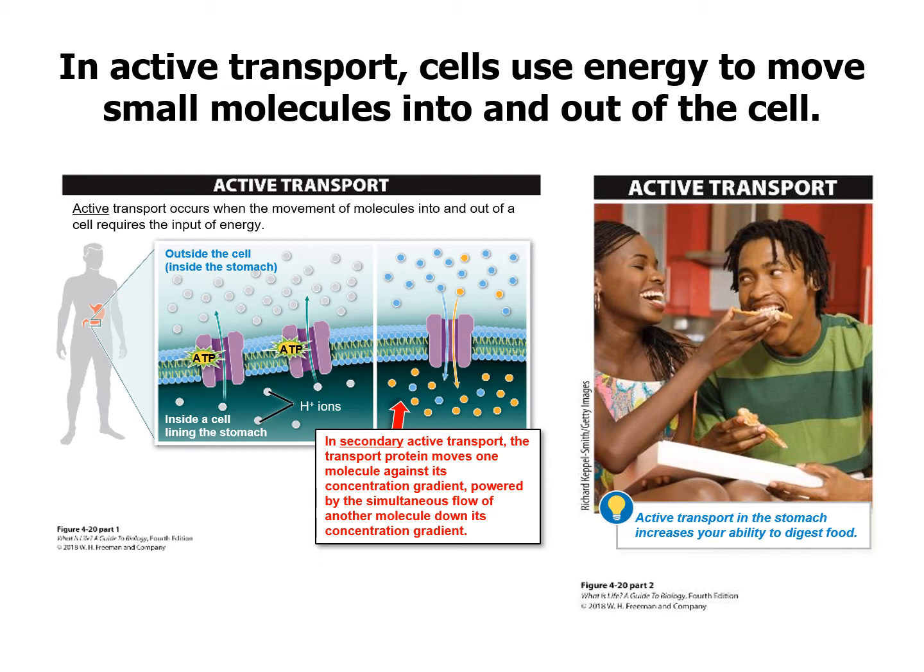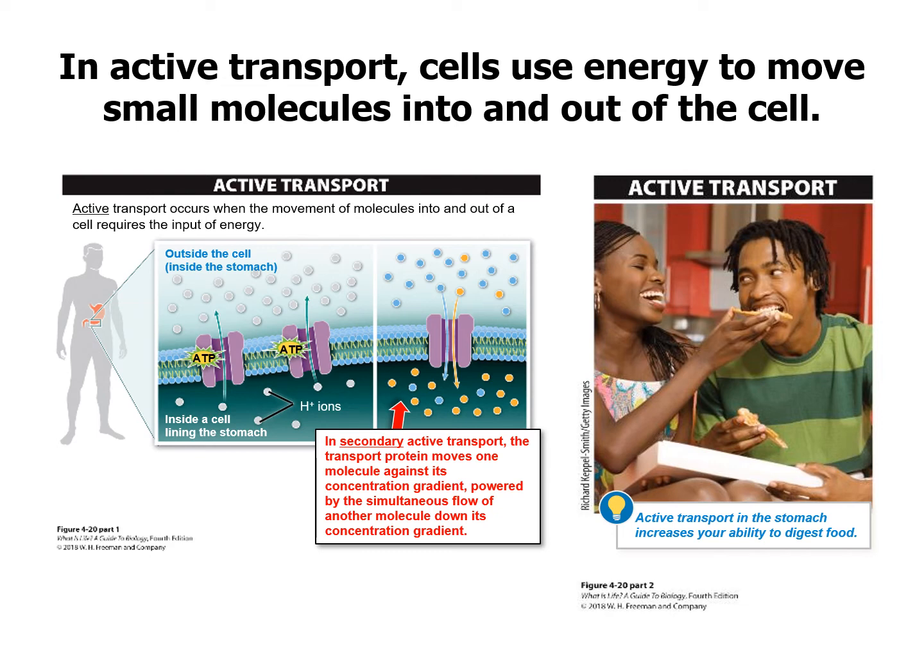In secondary active transport, the transport protein moves one molecule against its concentration gradient. So that's something else. That concentration gradient, typically we're going to move down it. If you're moving up the concentration gradient, you're moving against the grain. Moving down the concentration gradient is going from an area of high concentration to an area of low concentration, and vice versa.